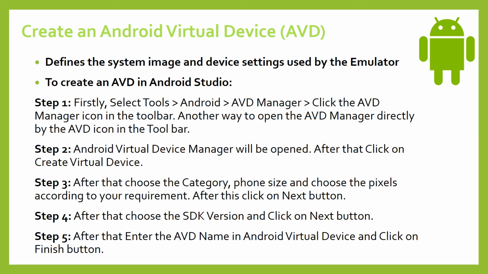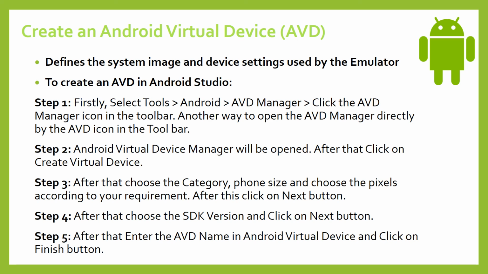So in order to create an AVD, we will have to select Tools and then select Android, where you can find the AVD Manager. All you have to do is just click the AVD Manager icon and the toolbox just opens. So the Android Virtual Device Manager will help us to create a virtual device.